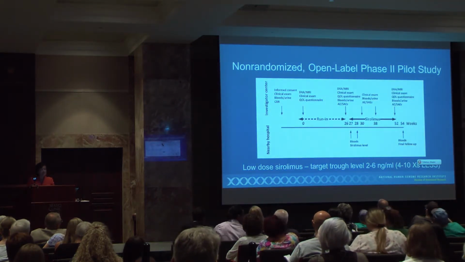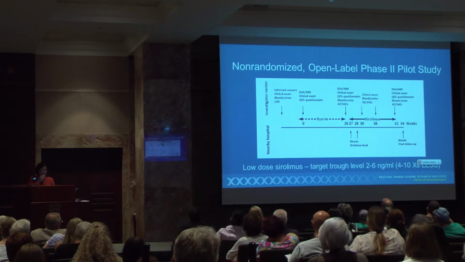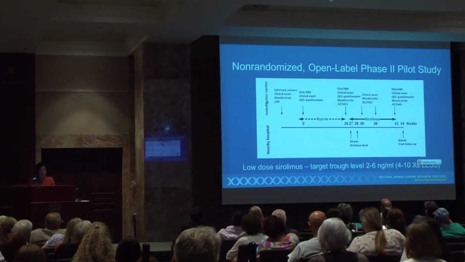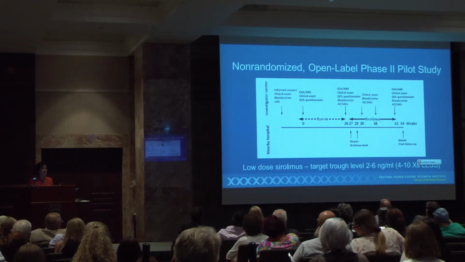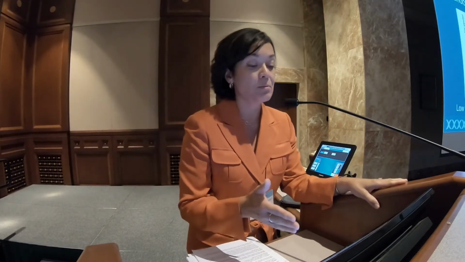So this is our schema for this phase 2 pilot study, and shows that we basically had a run-in period, or an observational period, where we didn't treat with any drug, and we did all the tests to look at growth with DEXA, MRI, clinical examination, and quality of life measures.